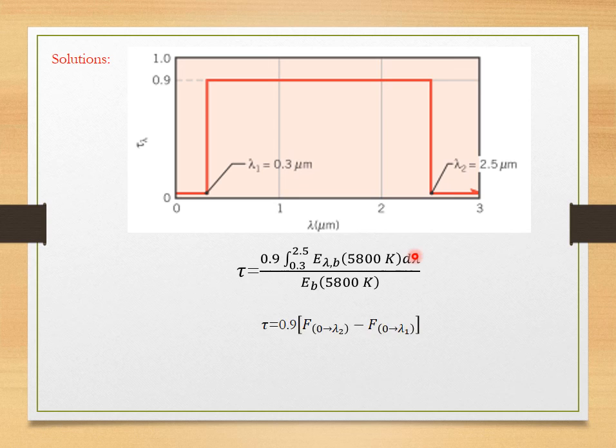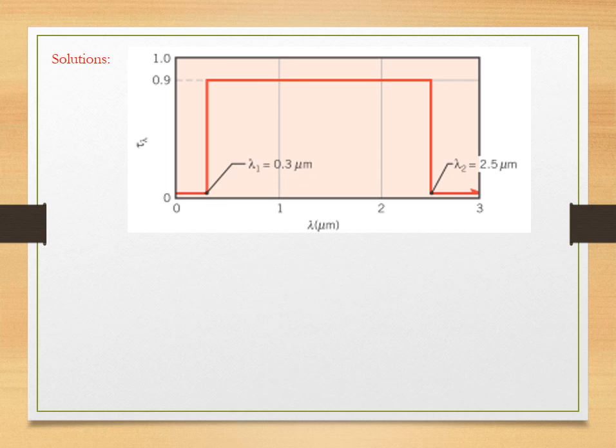Or we can also solve this problem using the radiation function, which is 0.9 times the function from 0 to lambda 2 minus the function from 0 to lambda 1. So by using this radiation function, we need to determine f from 0 to lambda 2, and also f from 0 to lambda 1.